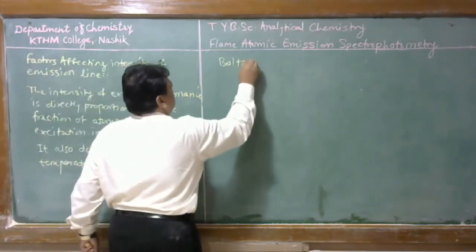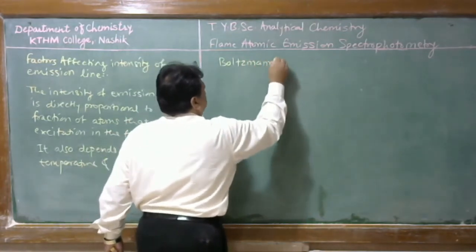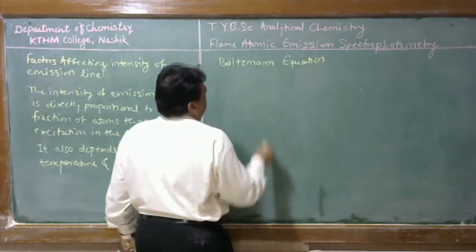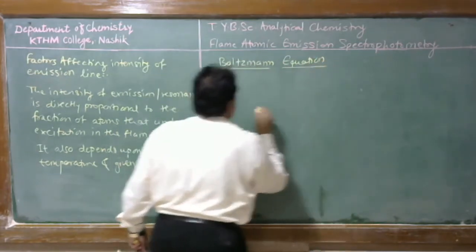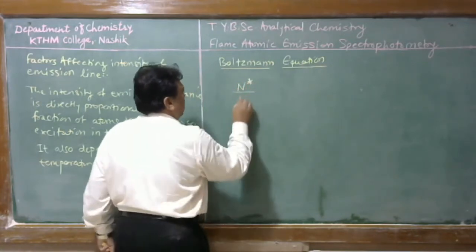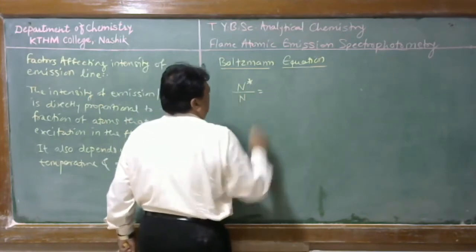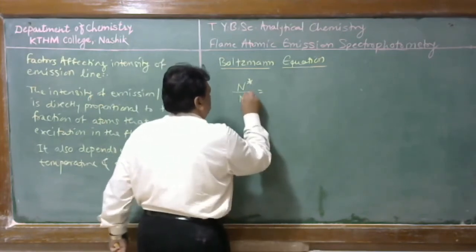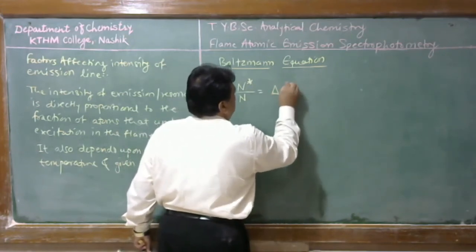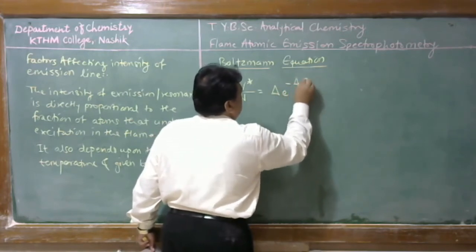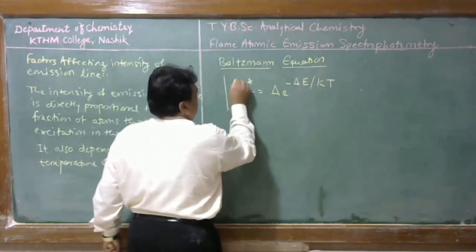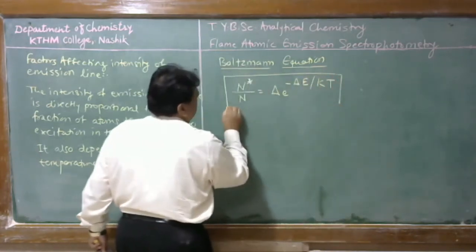Therefore, Boltzmann's equation gives the fraction of atoms that are excited. Therefore, the number of atoms that undergo excitation upon the number of atoms formed in the ground state level is equal to e raised to minus delta E upon K into T. This equation is called Boltzmann's equation.